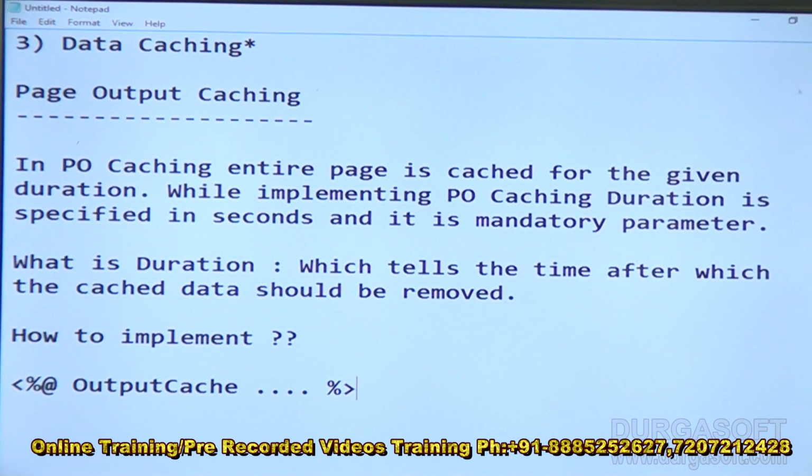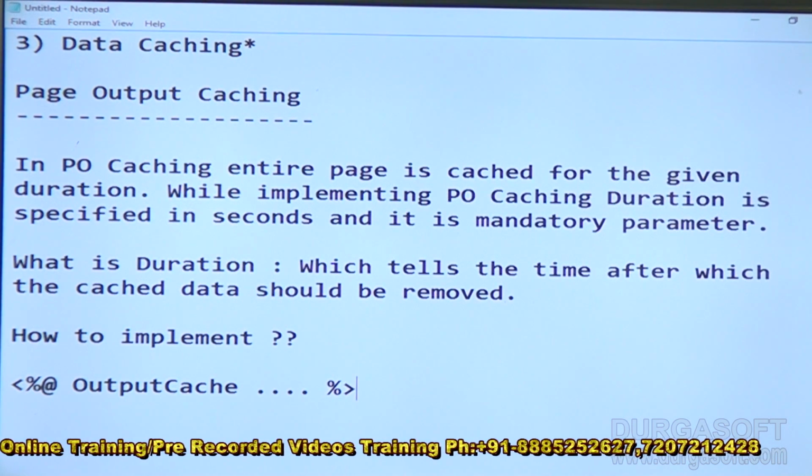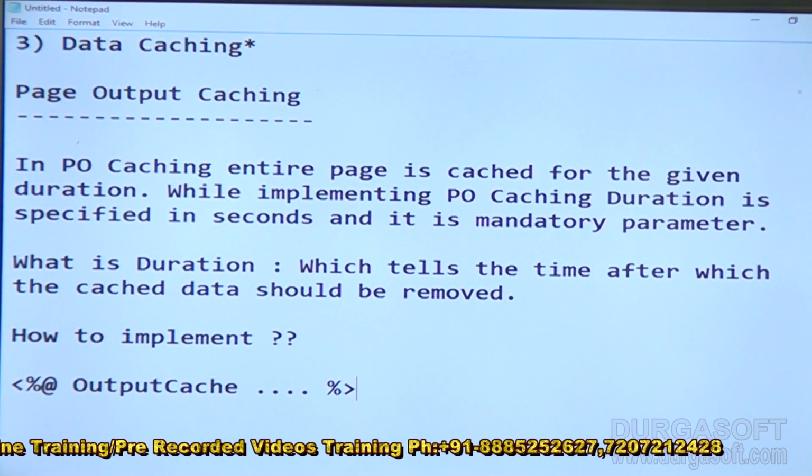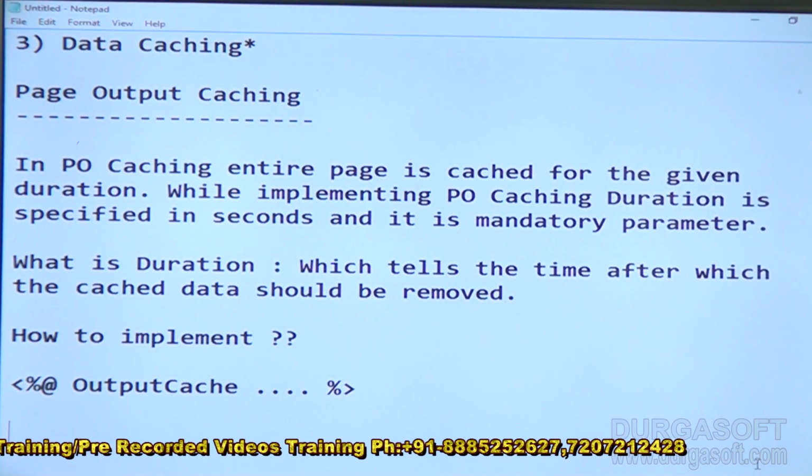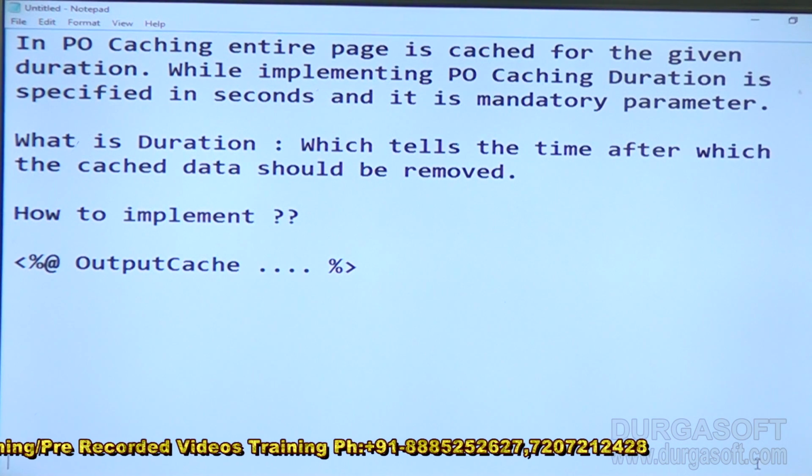Just like that, OutputCache is the directive which will provide our page with output caching. By default, a page is not cached. All of you keep that in your mind. If you write <%@ OutputCache %>, then the page will get cached. We will see that in the demo now. Have you understood the point?